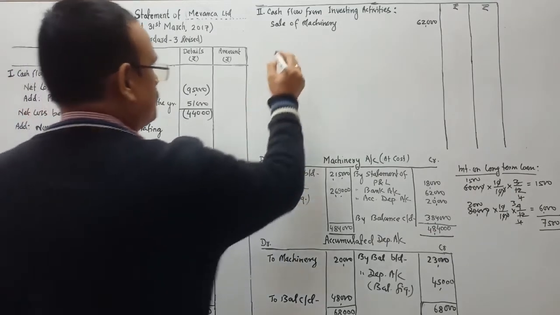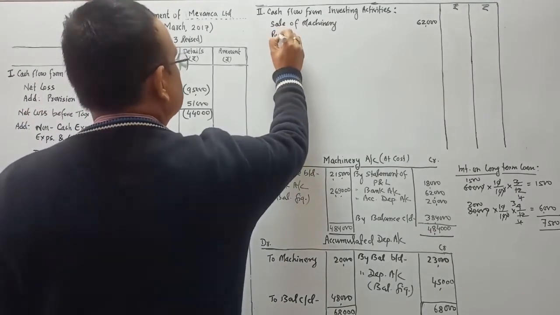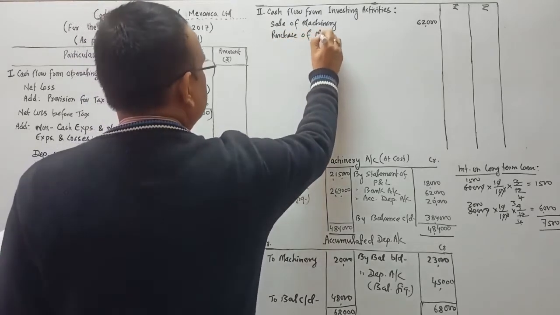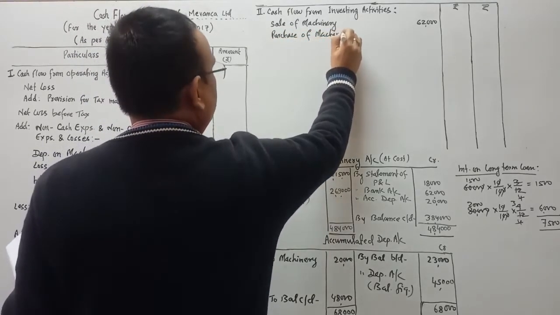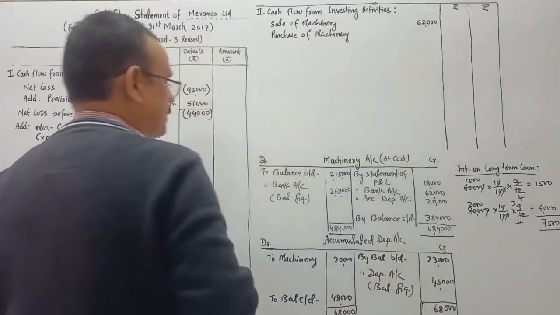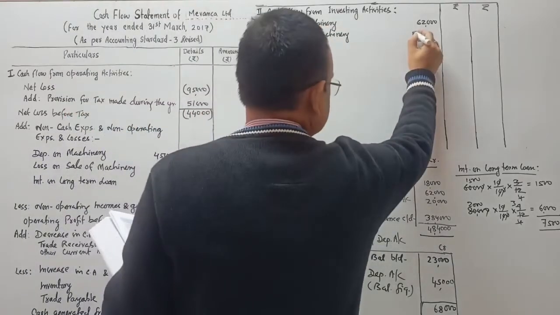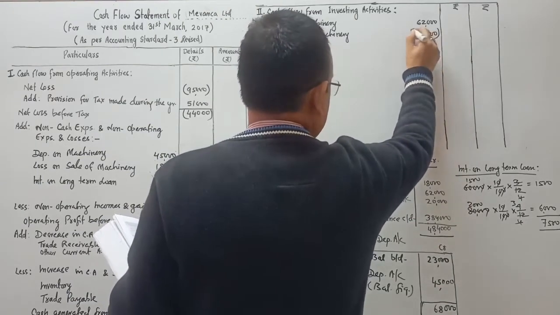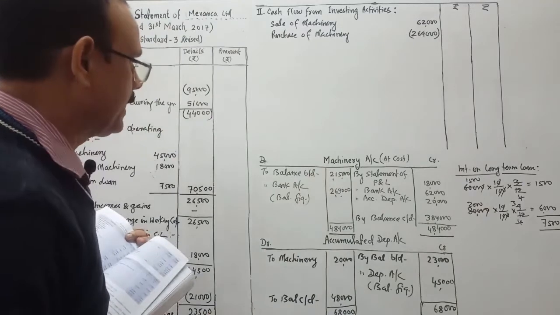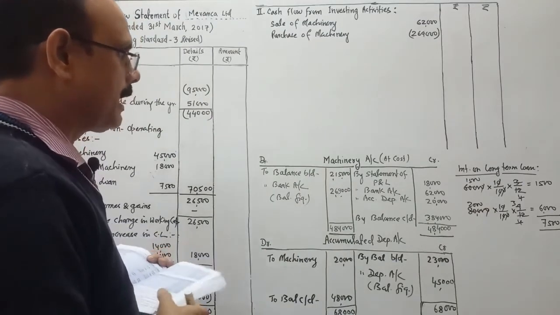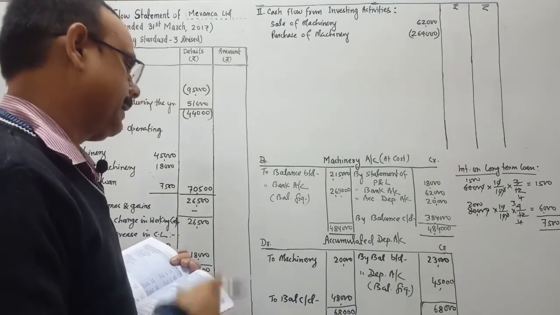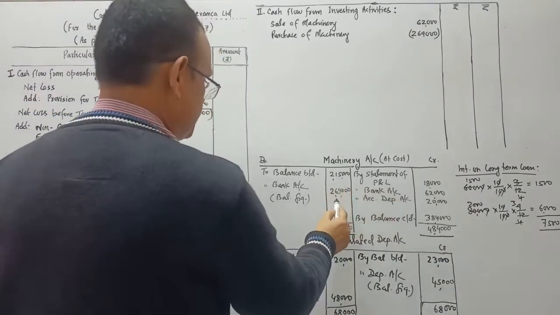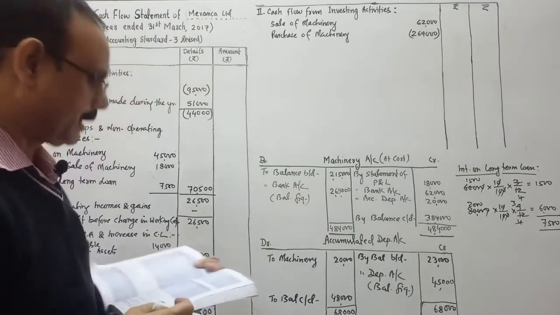Here the purchase of machinery is the outflow of cash and cash equivalent. 2,69,000 is the outflow. Outflow I am indicating in the bracket. So sale of machinery is 62,000, purchase of machinery is 2,69,000.